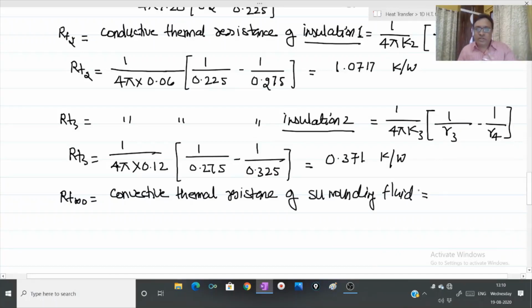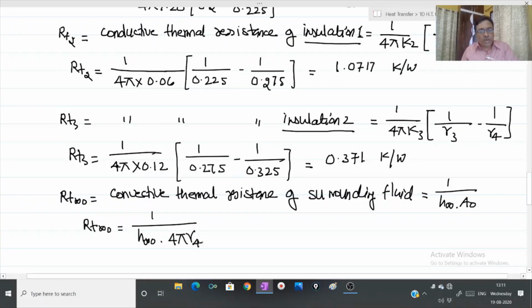And since it is a convective thermal resistance, I can calculate it using this formula. RT infinity O is 1 over h infinity O times the outer surface area, which is 4 pi R4 square.